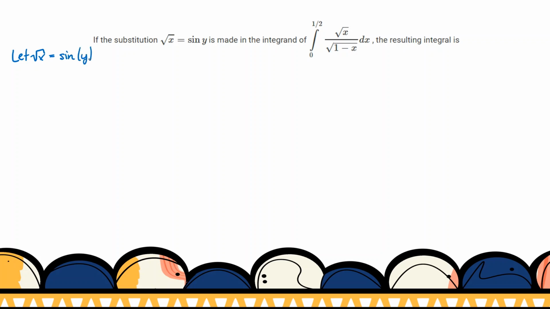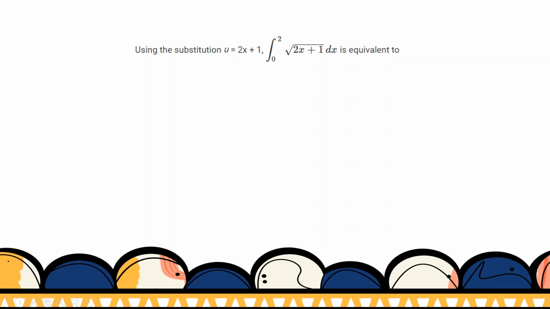And so if we take the derivative of both sides, we'll get that dx times 1 over 2 square root of x equals dy times cosine of y. So then when we solve for dx, we can say that it equals dy times cosine y times 2 square root of x. And again, the square root of x equals sine y.